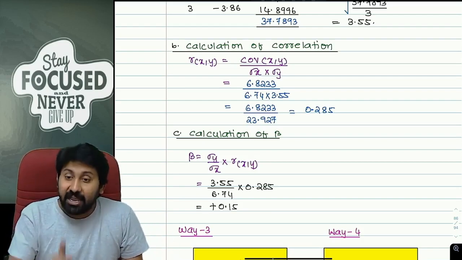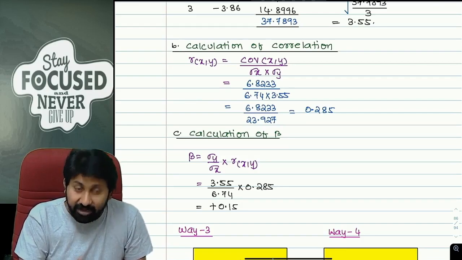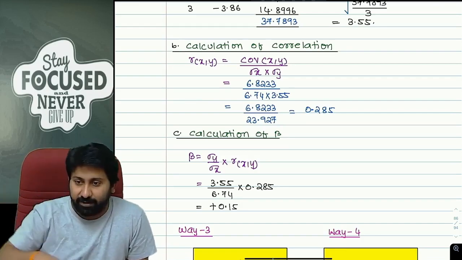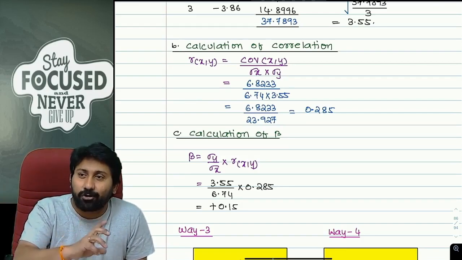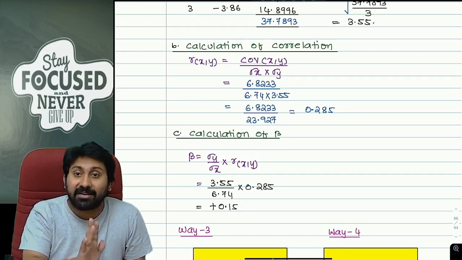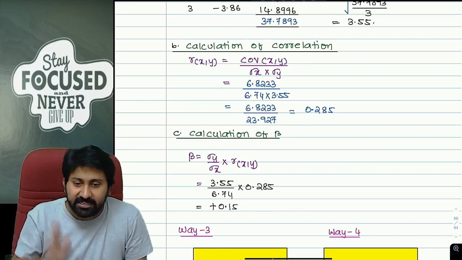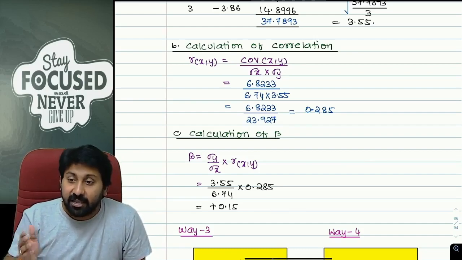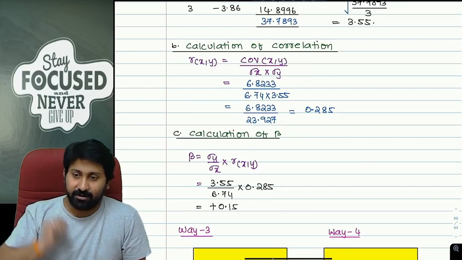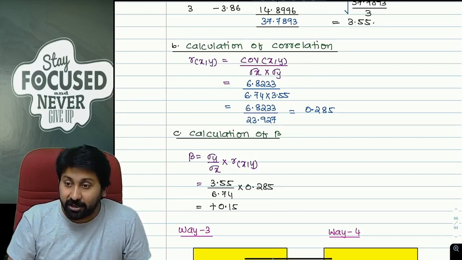Out of 100 events, in 28 to 29 of them the market and security move together, meaning one increases and the other also increases, one decreases and the other also decreases. In the remaining times there is no correlation. It doesn't mean negative correlation.